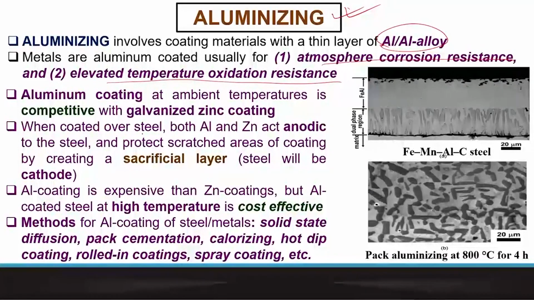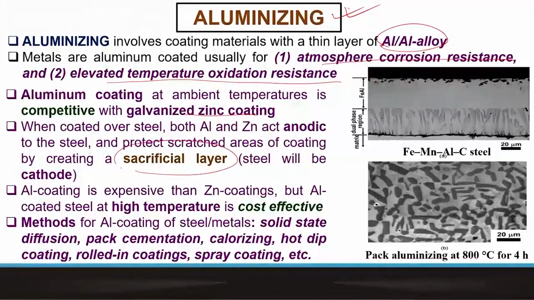This is also a process which at times is considered a competitor to galvanized zinc coating, and it is more effective than zinc coating at elevated temperature. At room temperature, of course, the process is not as competitive as zinc coating, which, because of certain process advantages, appears to be more cost competitive.